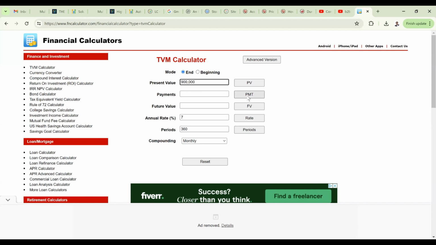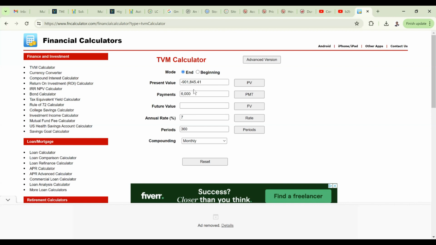I put payment, and you see it comes up with 5,987. So it can always figure out, if you have 3 items, it'll figure out the 4th. Okay, so again, I can change this, assuming I have a $6,000 budget, and I say present value, it tells me I could borrow 901.